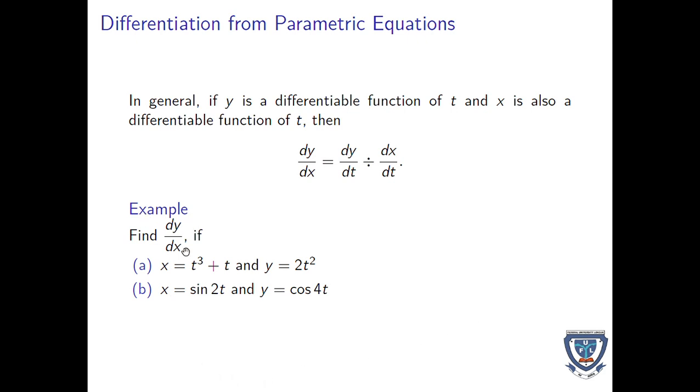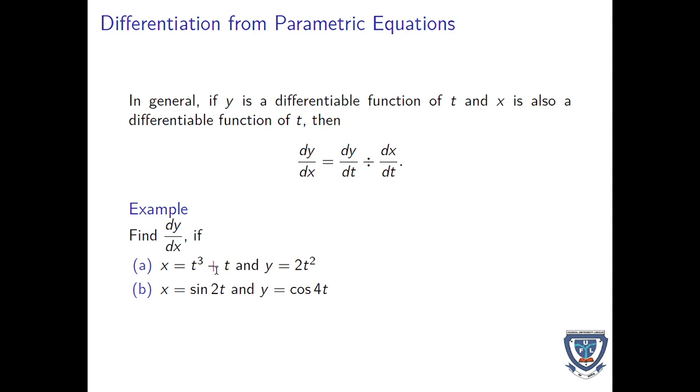Find dy/dx if x is equal to t cubed plus t and y is equal to 2t squared. Now for b, x is equal to sine 2t and y is equal to cos 4t.